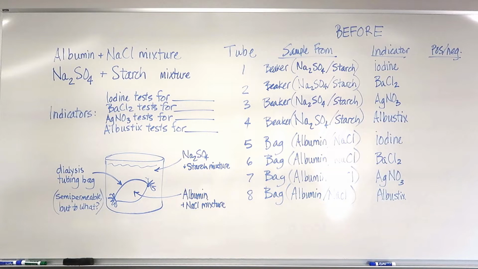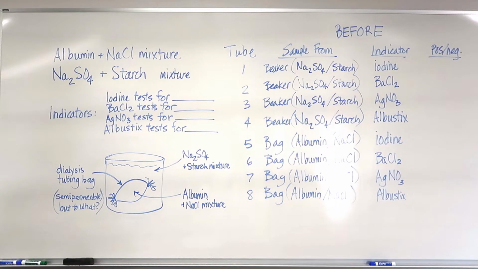What I've done is jot down the indicators that we have. I didn't put down what they test for because that's something that you should be able to figure out. I've also sketched what I think the experiment should look like, maybe a beaker with the dialysis tubing and two different solutions, one inside the tubing, one outside.